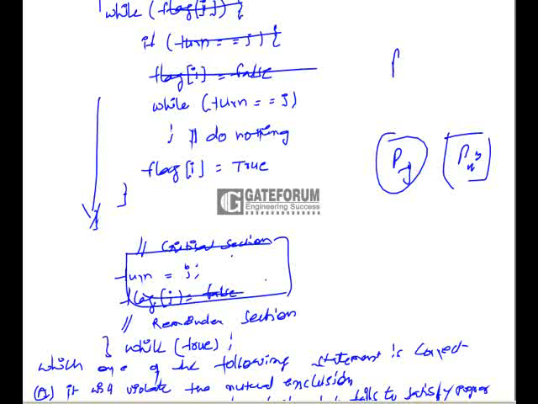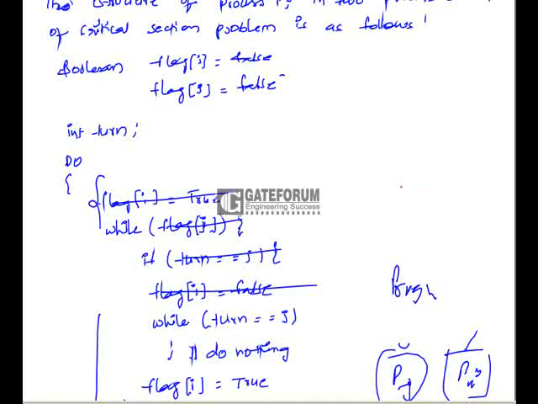Coming to progress, for example, the critical section is free and no process has entered the critical section so far, but processes Pi and Pj want to go into the critical section. At that time, Pi will make the flag of i value true, and Pj will make the flag of j value true.